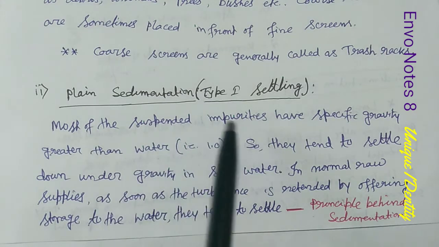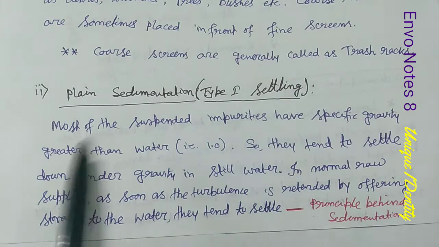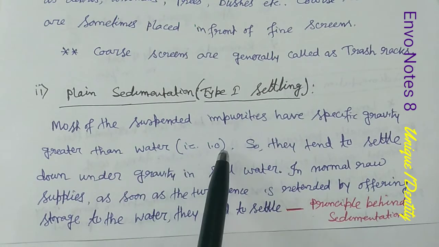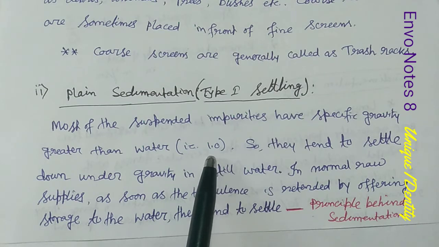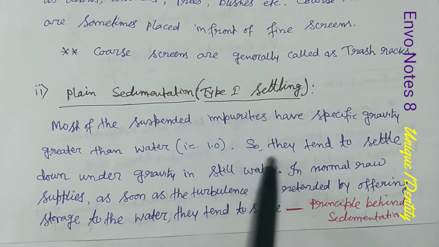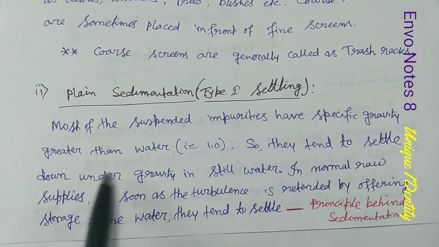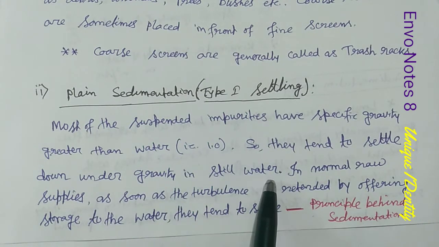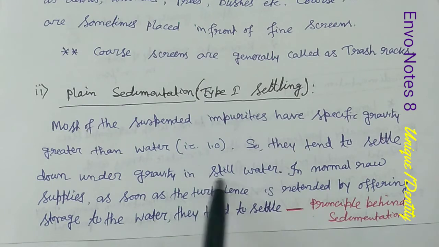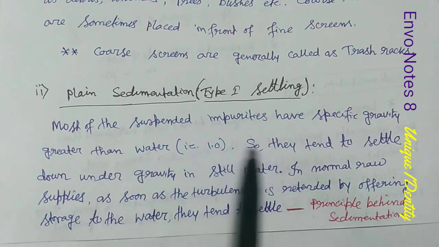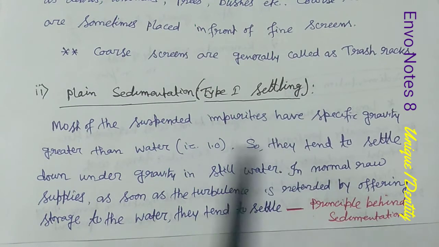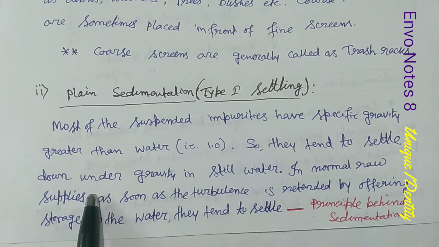Most of the suspended impurities have specific gravity greater than water. That means 1. Because you know the specific gravity is 1 of water at 4 degrees centigrade. So, they tend to settle down under gravity in still water. Okay. But in case of still water, they tend to settle. But whenever in normal raw supplies, it is generally turbulent water. You all know.